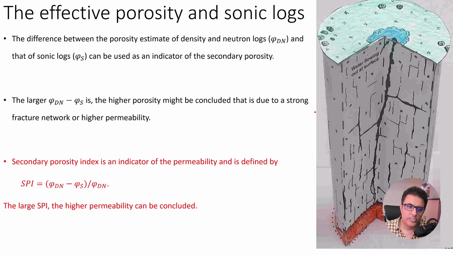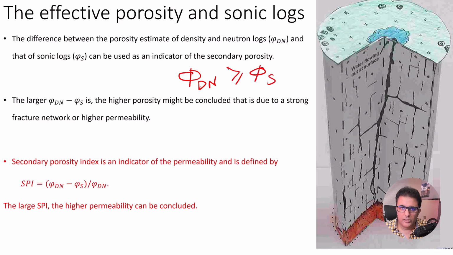So if we compare the sonic porosity with the total porosity that we get from, for example, density and neutron porosity data, then we are able to have some idea about the presence of fractures in the formation. In general, phi DN, which is the porosity that we get from the combination of the density log and neutron porosity log, usually should be greater than or equal to the sonic porosity.